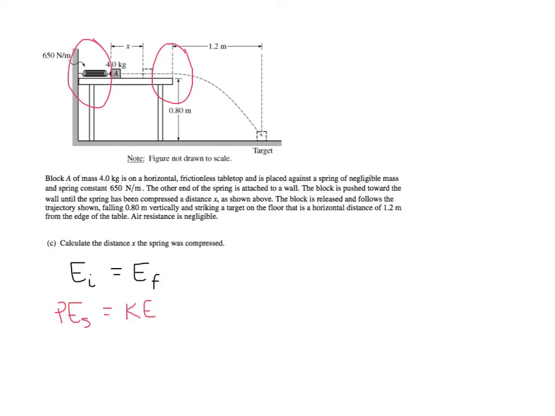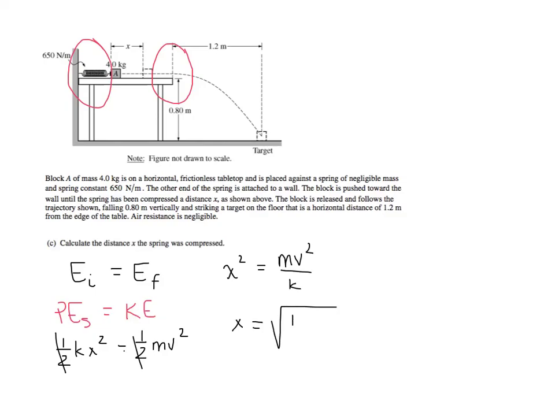So what we have is that 1/2 kx squared equals 1/2 mv squared. The 1/2s cancel. We can divide by k, so x squared equals mv squared over k. x is the square root of mv squared over k.